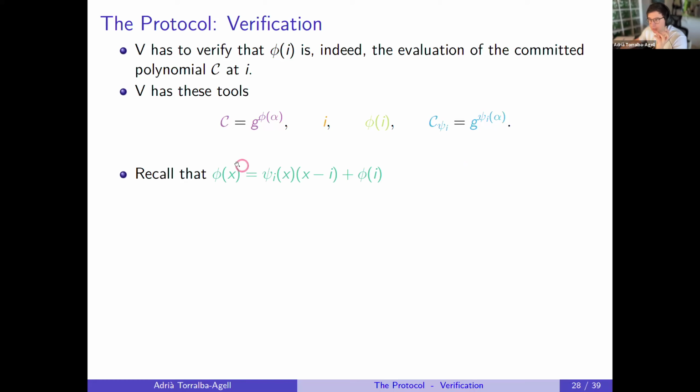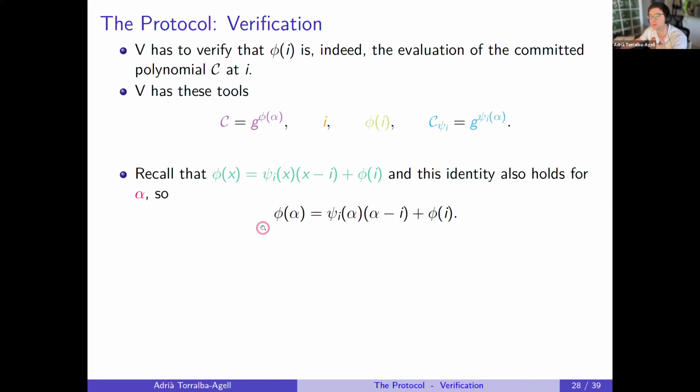Now, recall that we can come up with this expression from this trick. So the verifier now knows an alternative expression for the committed polynomial: phi of x is psi of x times x minus I plus phi of I. And this identity also holds for alpha, because this identity is for every element of the field, and alpha is an element of the field.